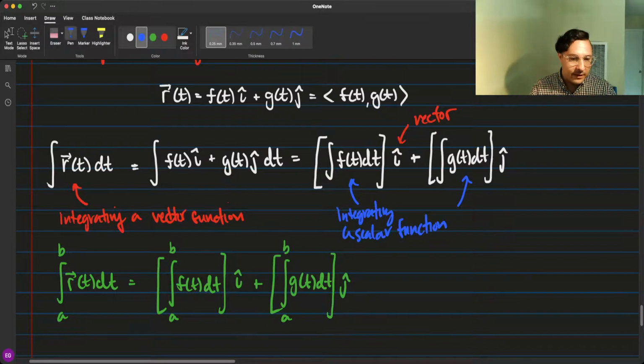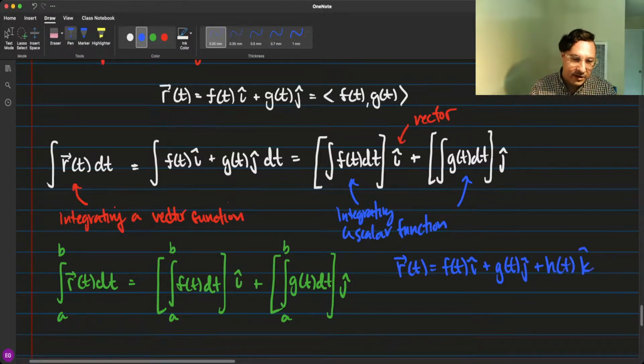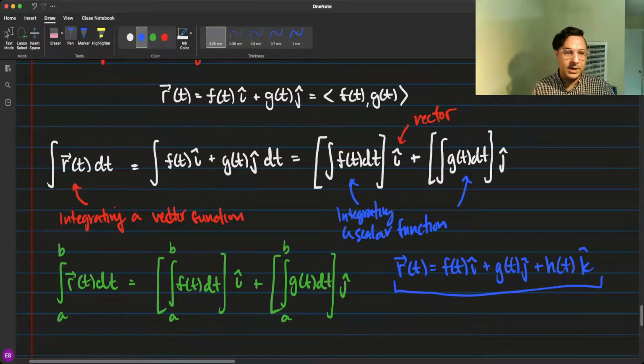Let's say that your r of t, instead of a plane curve, was a space curve. So if your vector valued function had 3 components, what would your integral get split up into?